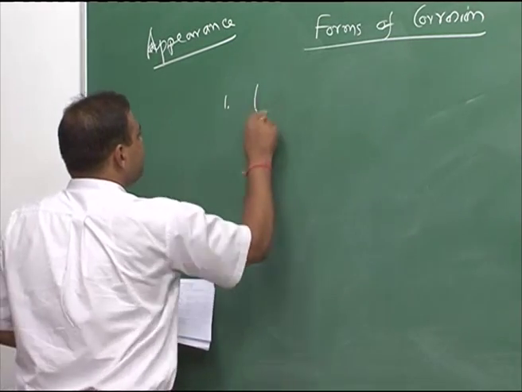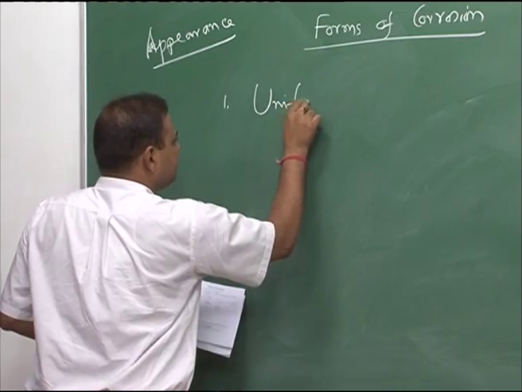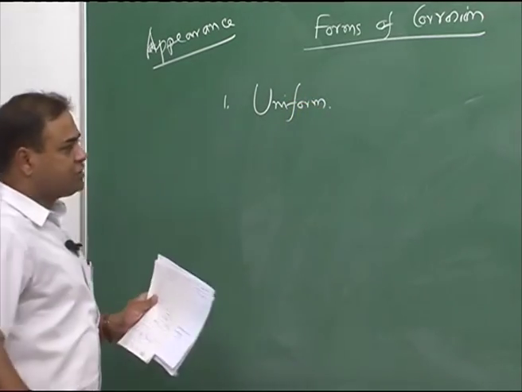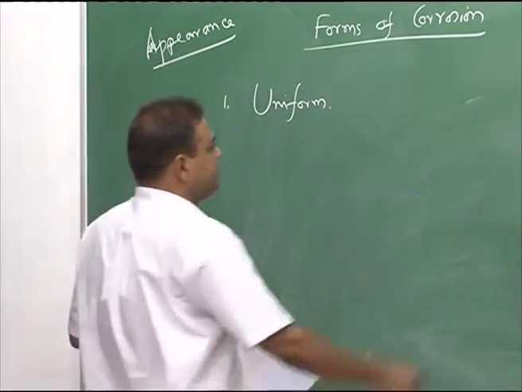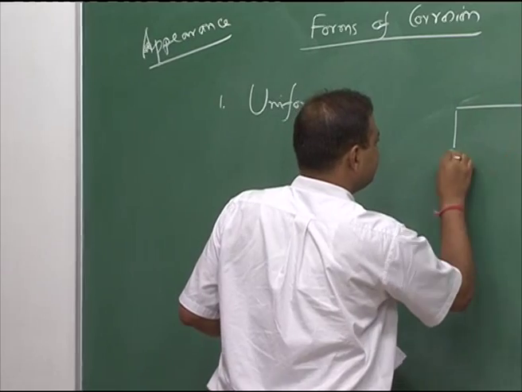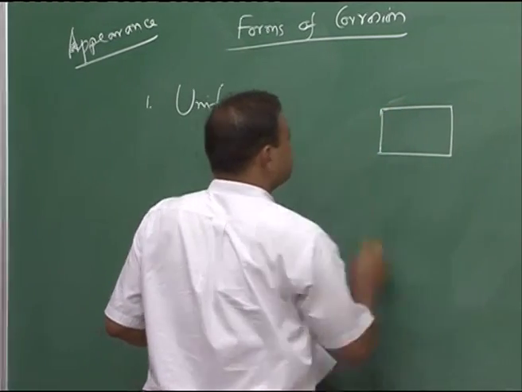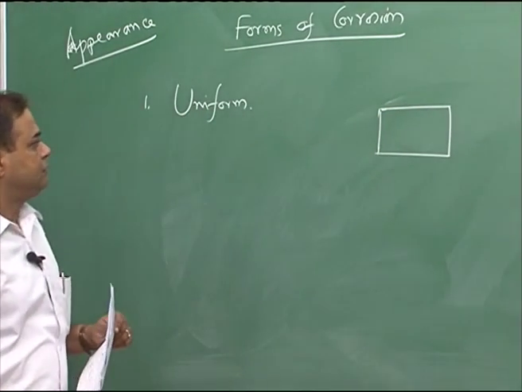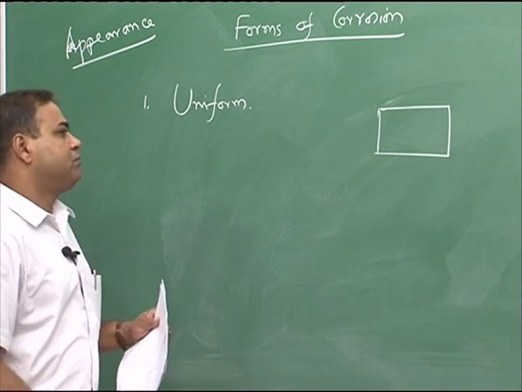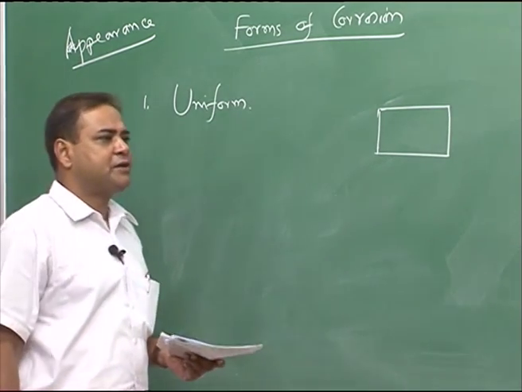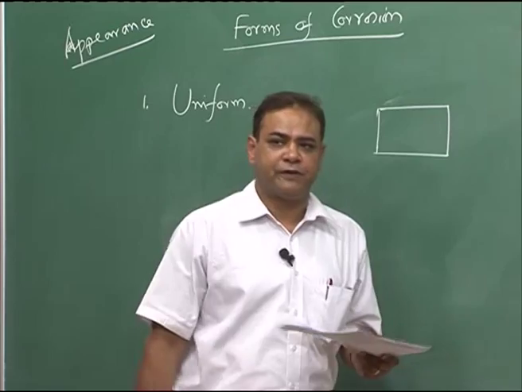One is uniform corrosion. Let us say a metal is exposed to a corrosive. Let us say a normal metal plate or iron plate or mild steel plate is exposed to an atmosphere.